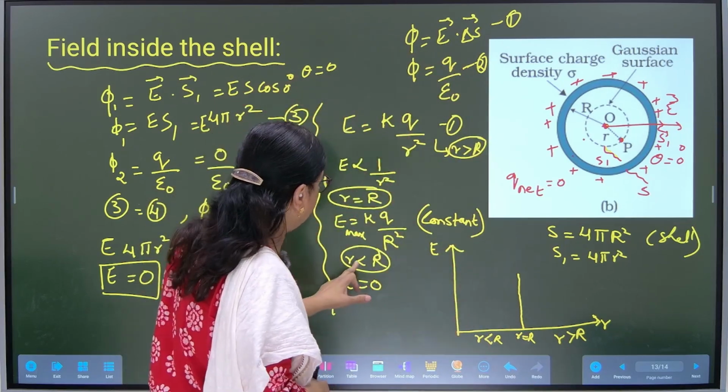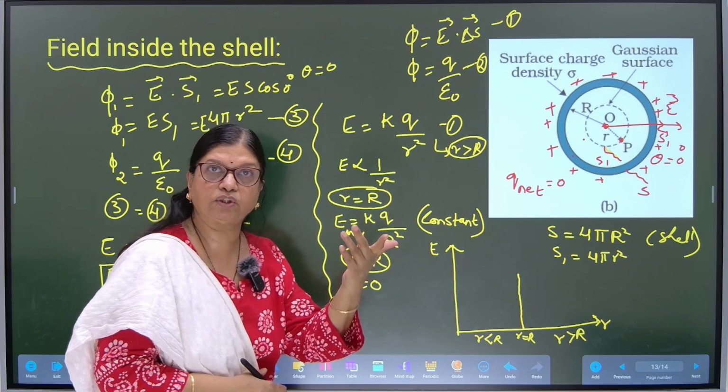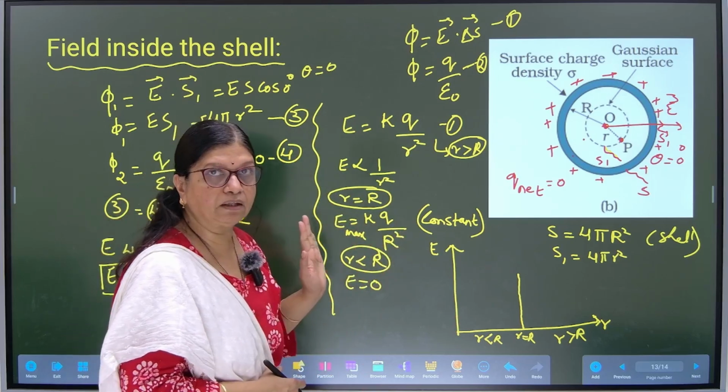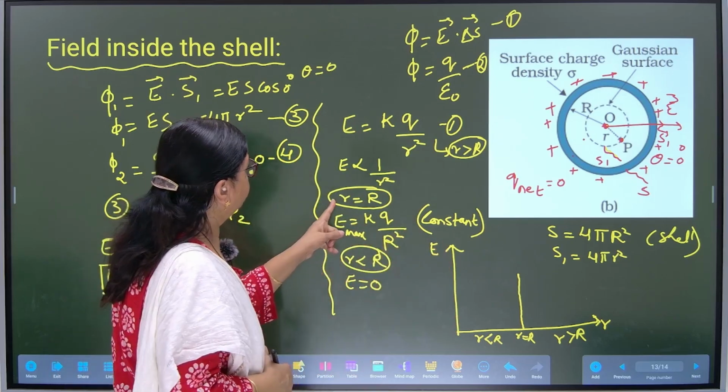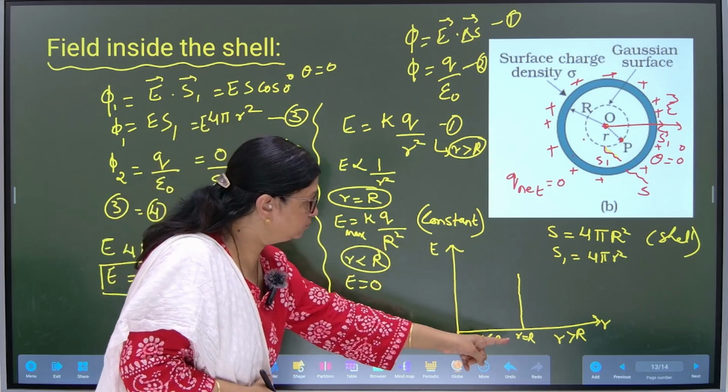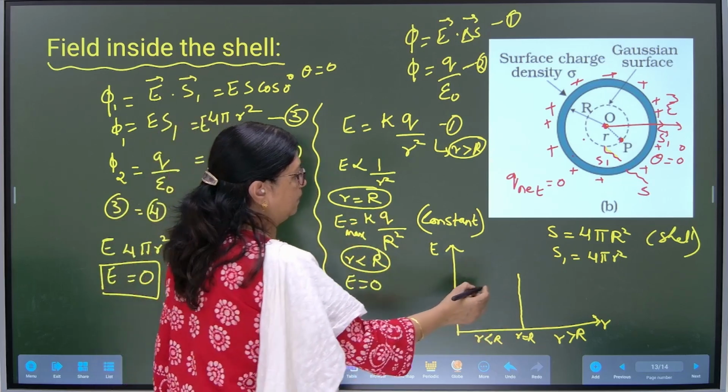For R less than capital R, what did we get? E is equal to 0, so there are no points. I cannot draw any graph. For R equal to capital R, maximum value, this is my point.